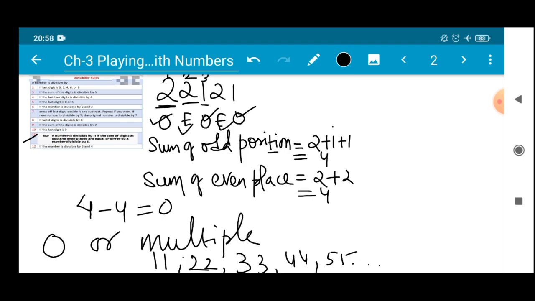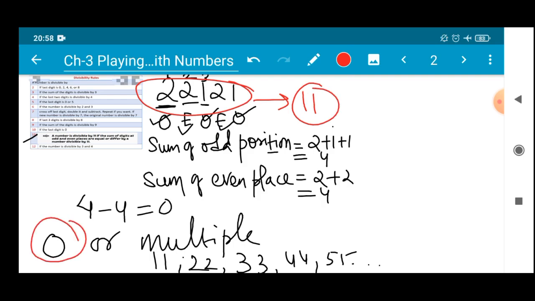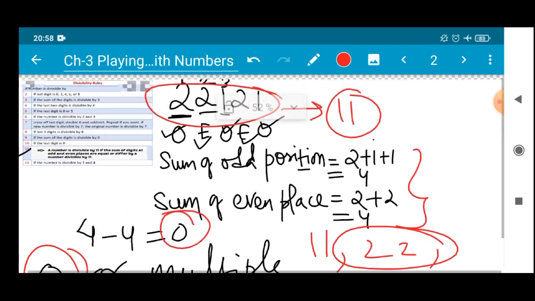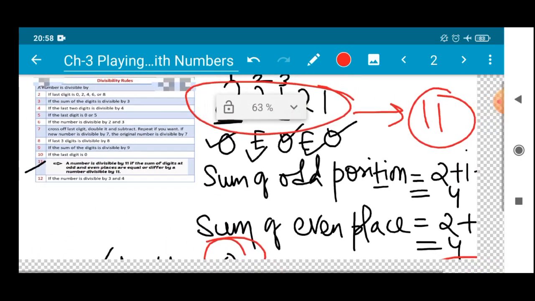So we can say that this number 22121 is divisible by 11, as we got the value 0 when we subtracted the sums of the odd and even places. If you get 11 or 22 after subtracting, that comes under the multiplication table of 11, then we will say that the number is divisible by 11.